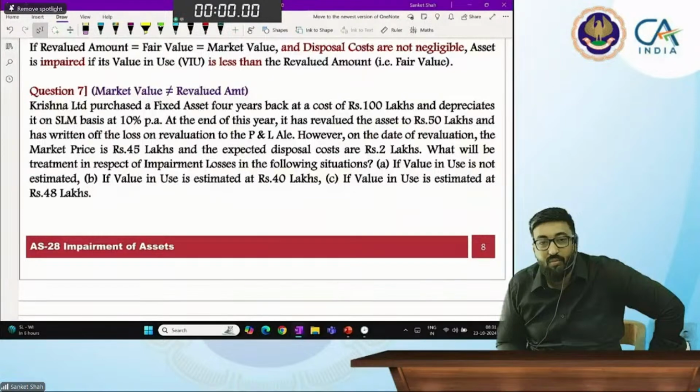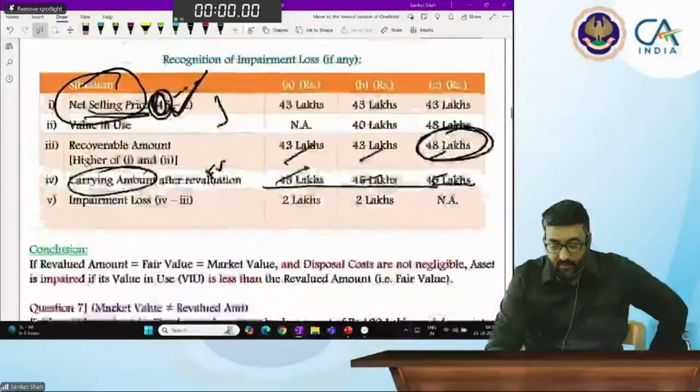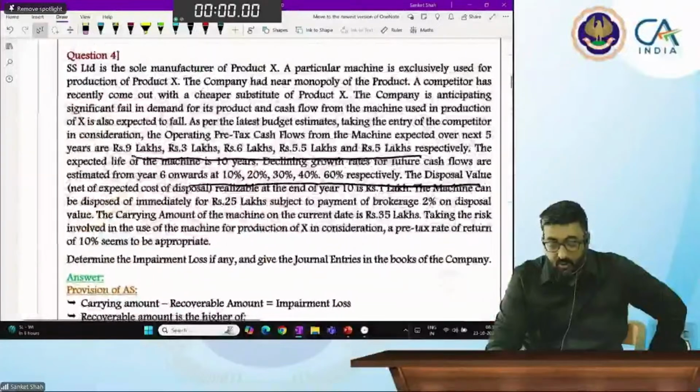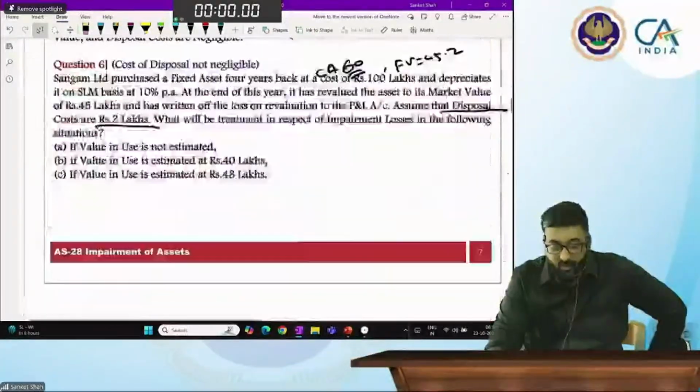Now, take a screenshot of this question. We will take a break. Take this screenshot. In the break, you have to solve two questions. One is question 7. Take a screenshot of this question. First, solve. Otherwise, you can do it in homework. This question 4, I will give in homework. And this question, use your brain.